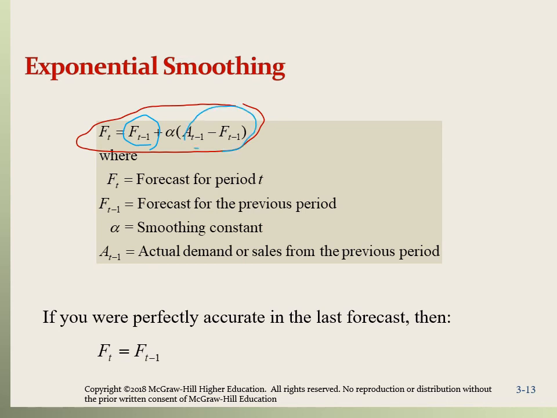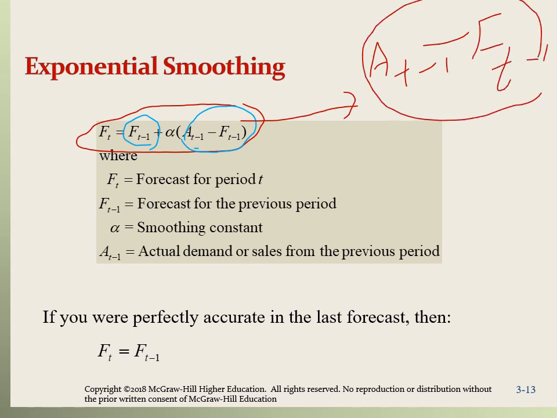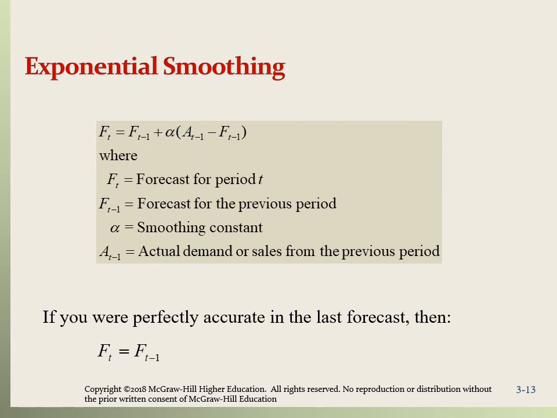So this is the error that you made in your forecast: A t minus 1 minus F t minus 1. So this is the error that you made in your previous forecast. That's all you need to know. And then you're gonna use this constant alpha, which is a smoothing constant, to make this formula work.